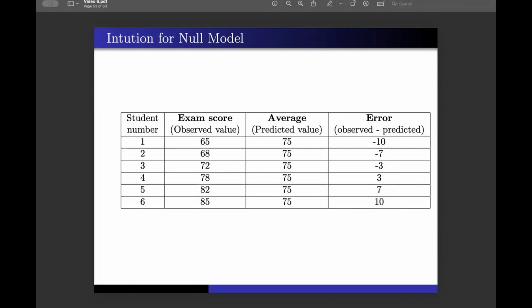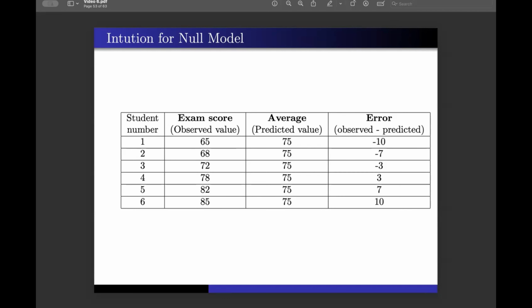Similarly, the error for the second observation would be 68 minus 75, which is negative 7. And this is how we find the error for each student. We look at the difference between their actual score and the predicted value, which is the average. Awesome.